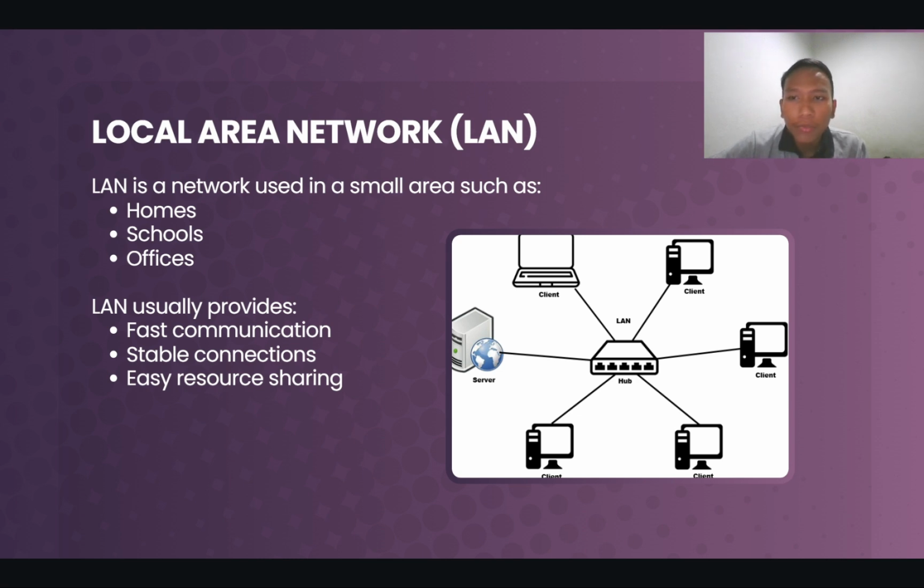LAN usually provides fast and stable communication because the connected devices are located close to each other. This type of network is commonly used for sharing files, printers, internet access, and local communication. One common example of LAN is the computer network inside a school laboratory. They have the same network, that is LAN, within the local area.